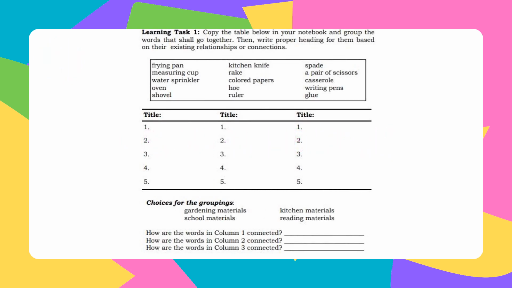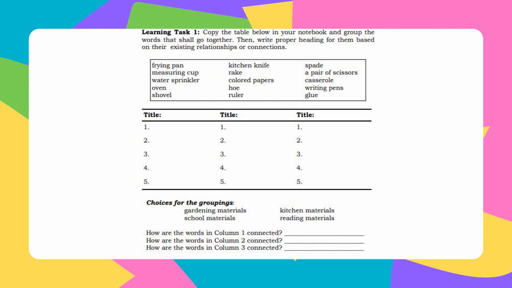So for your learning task 1, copy the table below in your bond paper and group the words that shall go together. Then write proper heading for them based on their existing relationships or connections. For example, gardening materials, what are for the title, and then what are the group of words that shall go together with the gardening materials.